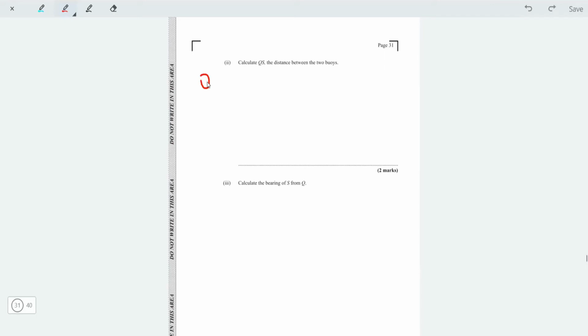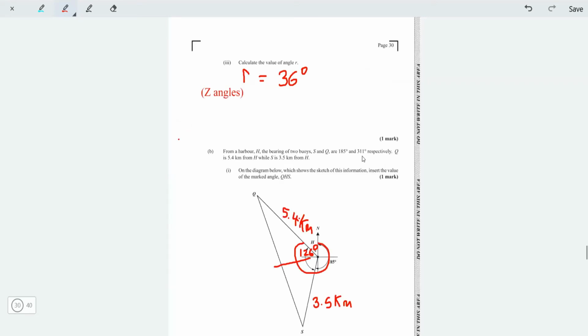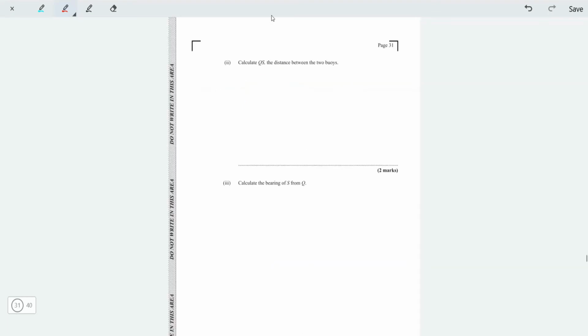So QS squared is equal to 5.4 squared plus 3.5 squared minus 2 times in bracket 5.4 times 3.5 times the cosine of 126.